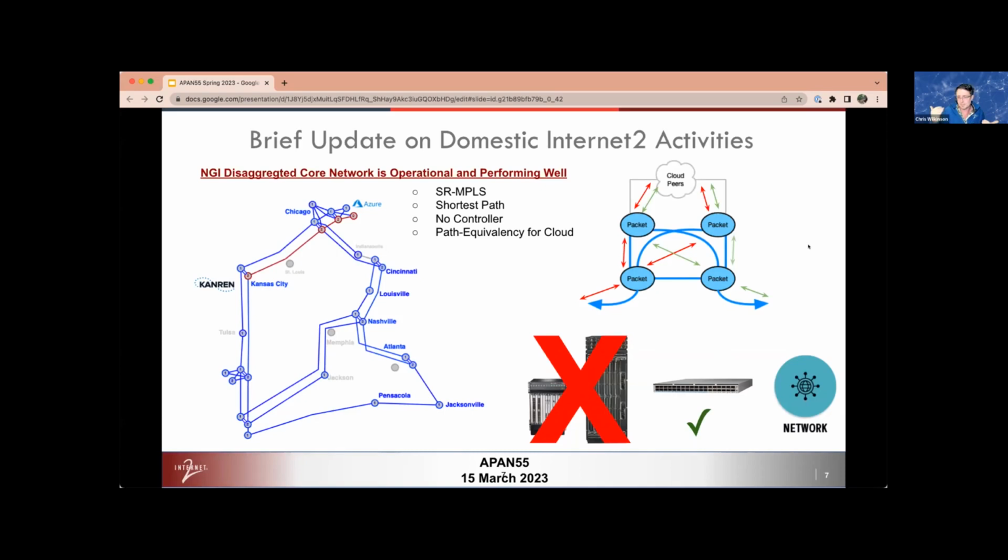In this case, there is path equivalency for all of our cloud connections in Amazon, Google. And so this is a key architectural change for us that's been going quite well thus far. It's all based on SR-MPLS. Very simple, no controller, shortest path calculations, and it allows for a lot of different high capacity between cities throughout the US.